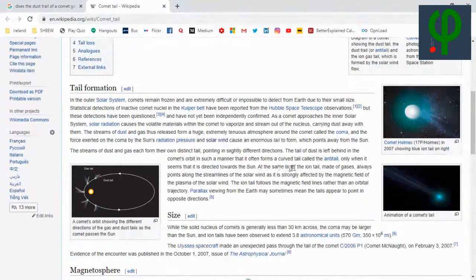It does say here the ion tail made of gases always points along the streamlines of the solar wind because it's affected by the magnetic field of the plasma in the solar wind. So that's why it has the different angle and is always directly away, because it's getting pushed by and synchronized with the swirl of the solar wind.